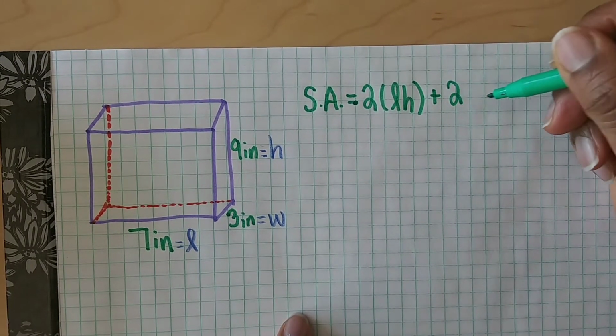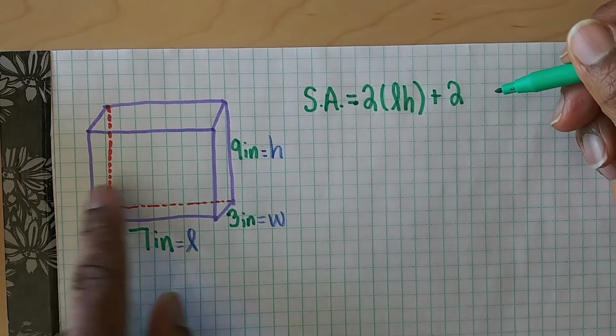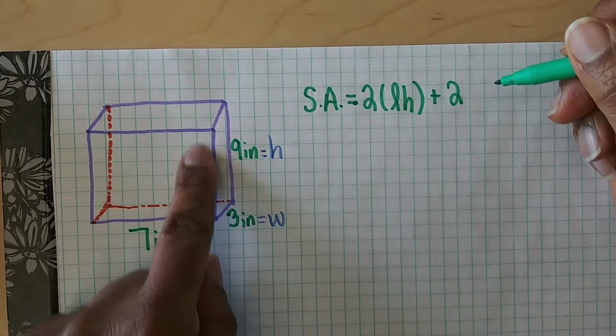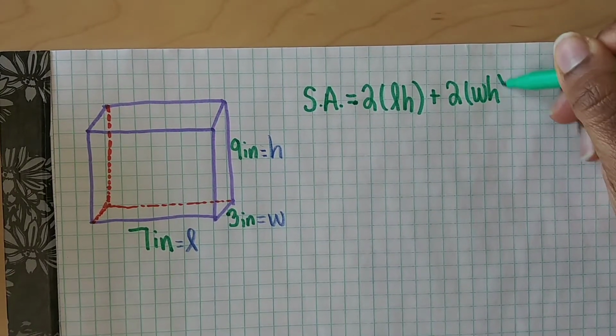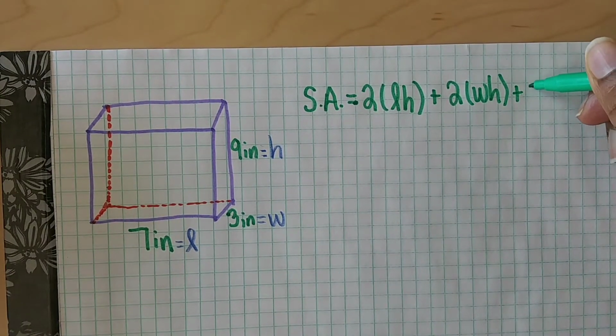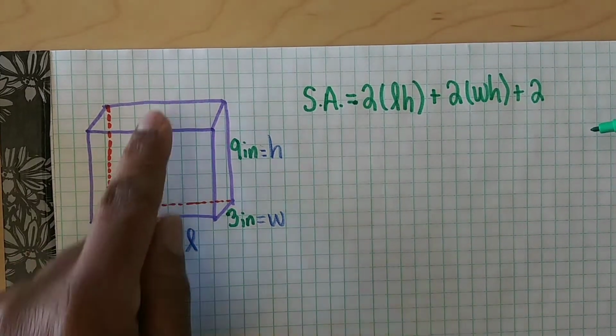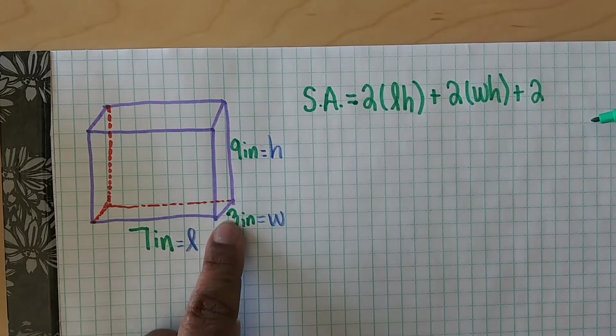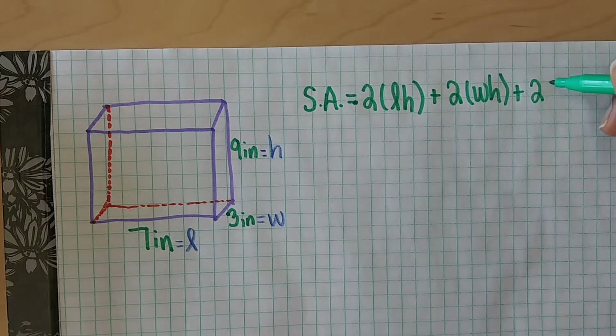Then I have the left and the right, which are 2 more faces with the same dimensions, which is going to be my width times my height. And then I'm going to finally add my 2 top and bottom faces. To find the area here, I could look at the base down here. It's going to be my length times my width.